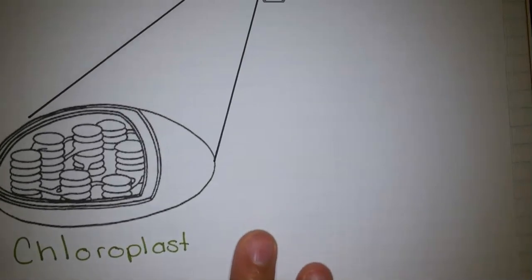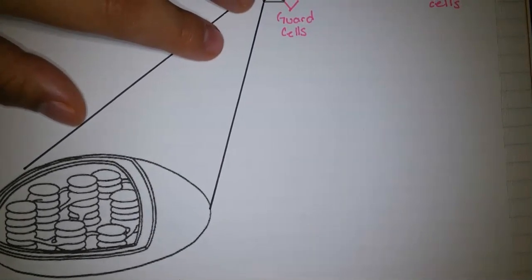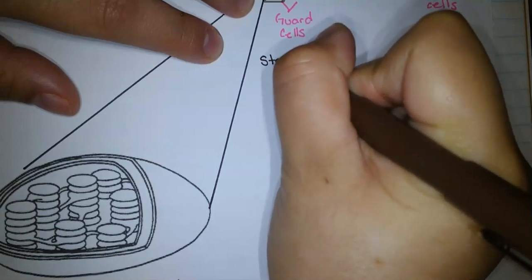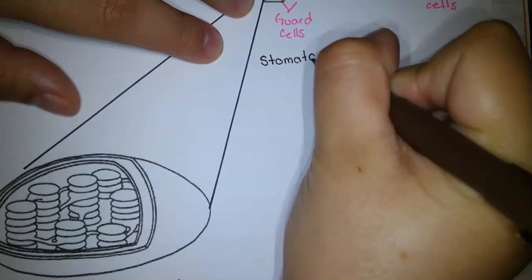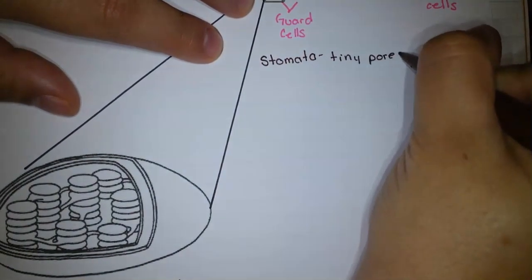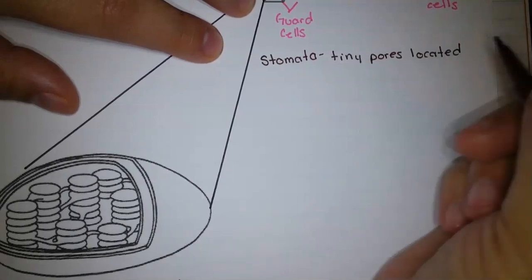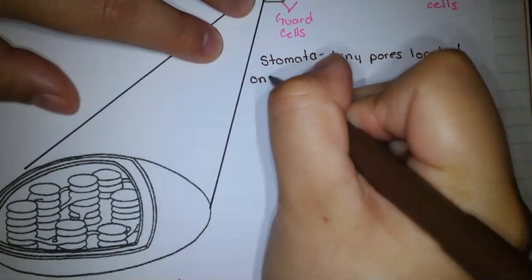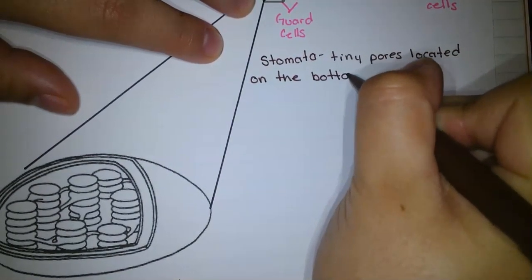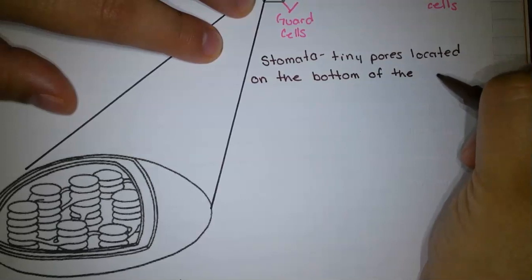So just to review a little bit of vocabulary, remember that the stomata are tiny pores located on the bottom of the leaf.